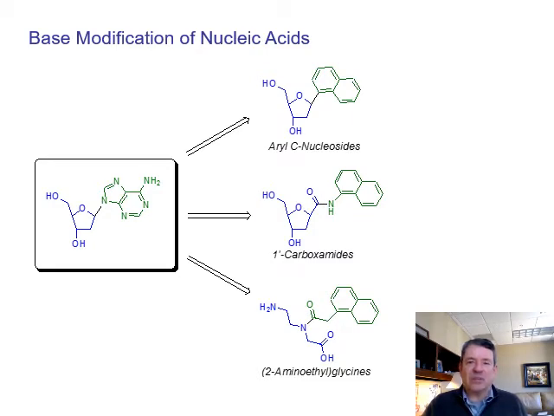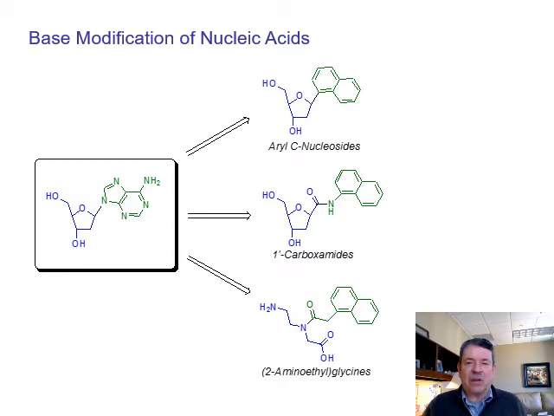These carboxamides allow us a way to put a carboxylic acid group in this position and be able to make a large number of modified residues by forming an amide bond between an aryl amine or some other amine and that acid. This turns out to be a better way to very simply label nucleic acids.